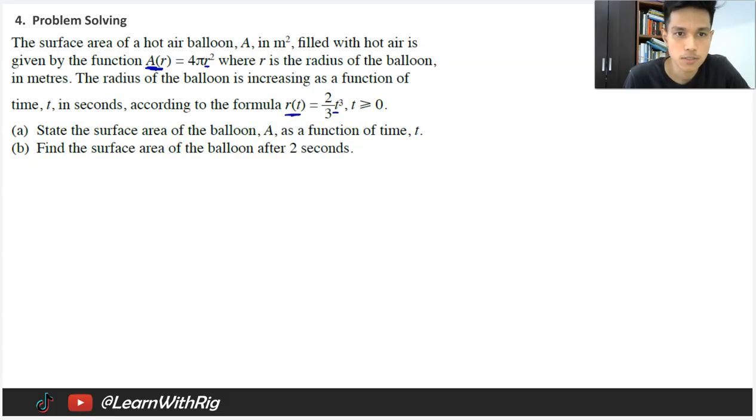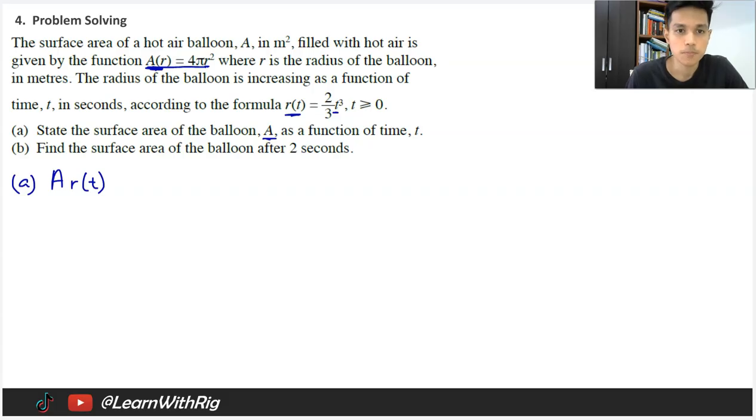So now the question is, state the surface area of the balloon A as a function of time. So instead of in terms of r, which they originally gave you, they want it in terms of time. So for you to put it in terms of time, you have to make r(t) the subject of A. Because r(t) is the radius, but this is already in terms of time.